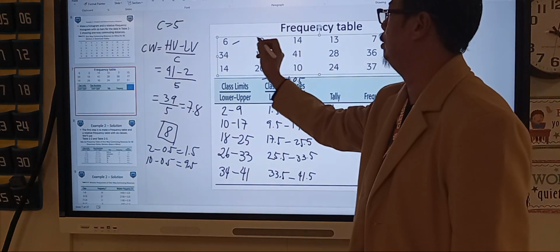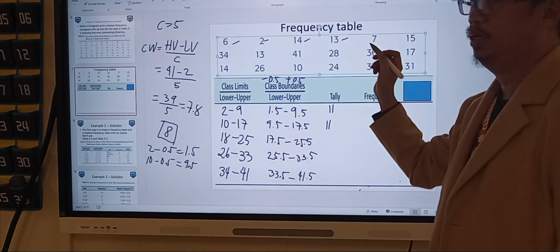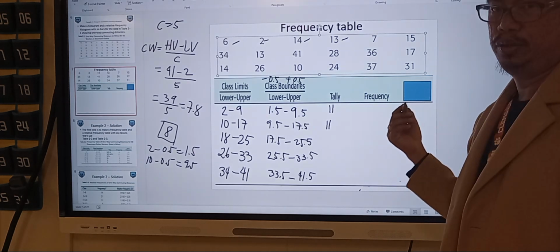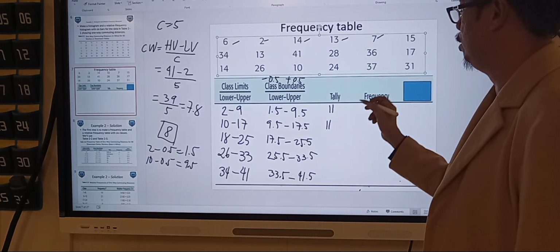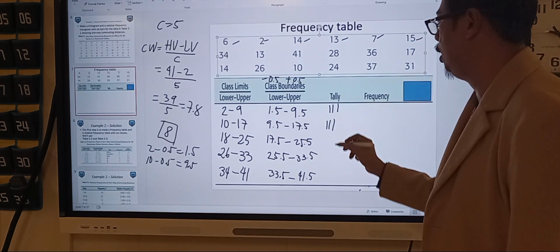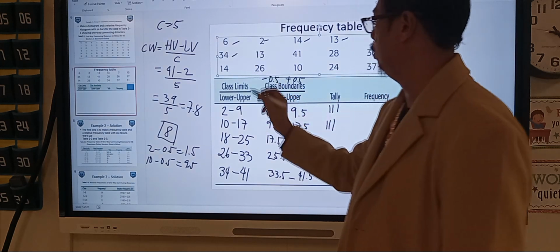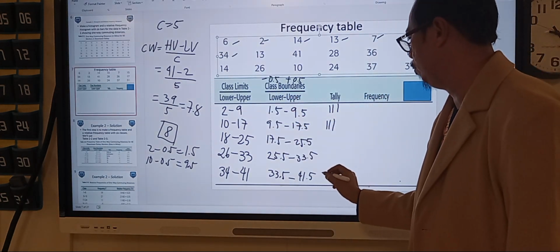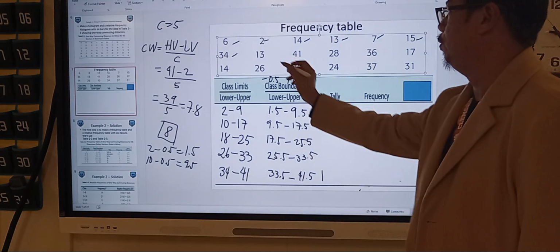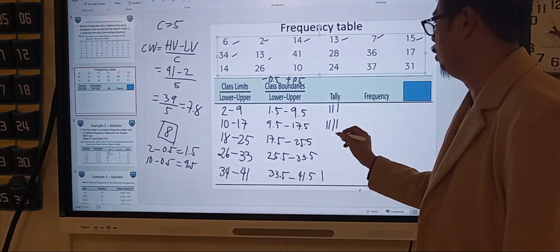By the way, it's okay to put a dot or mark it so that you know where you are now. So you got 7 here. 15, so here again. Then 34 will be here, the lower portion from 34 to 41. 13, so I got it here.